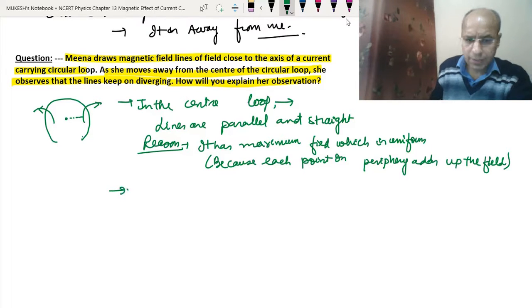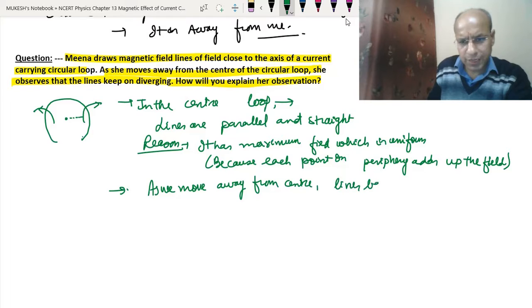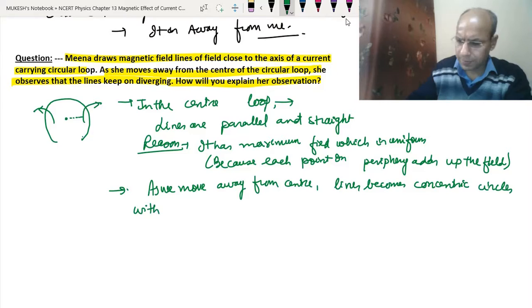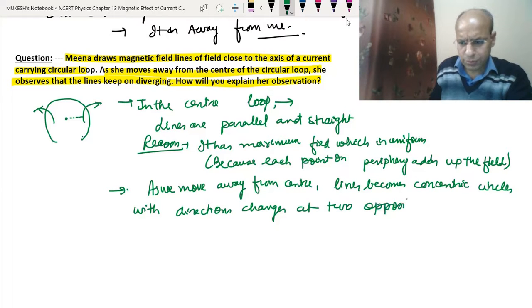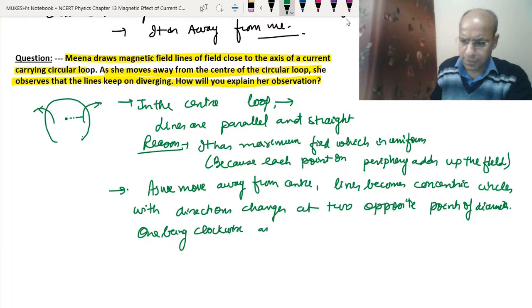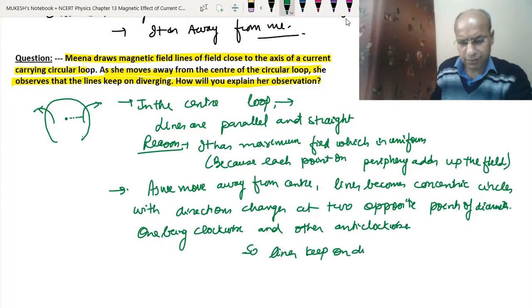Now the next point, as we move away from the center, the lines become concentric circles with directions changing at two opposite points of the diameter, one being clockwise and the other anti-clockwise. So lines keep on diverging.